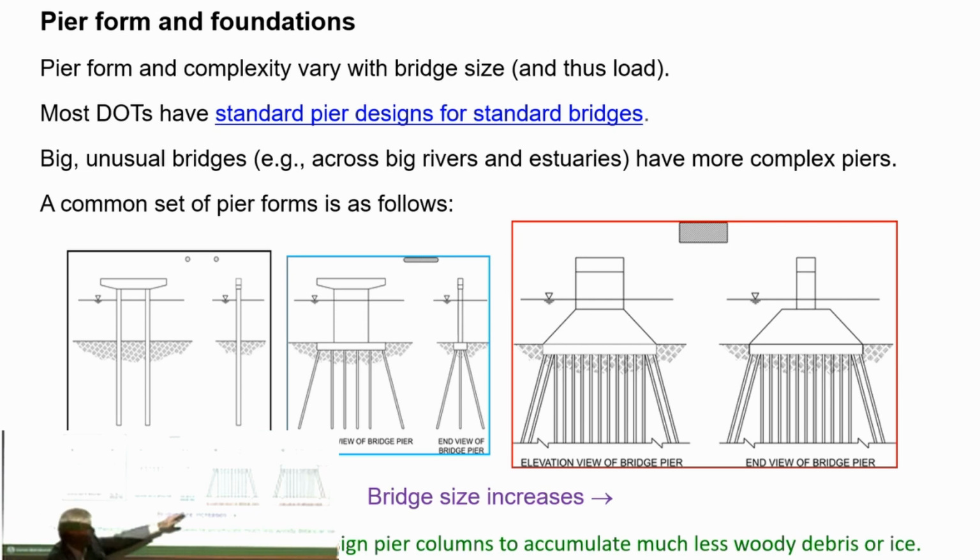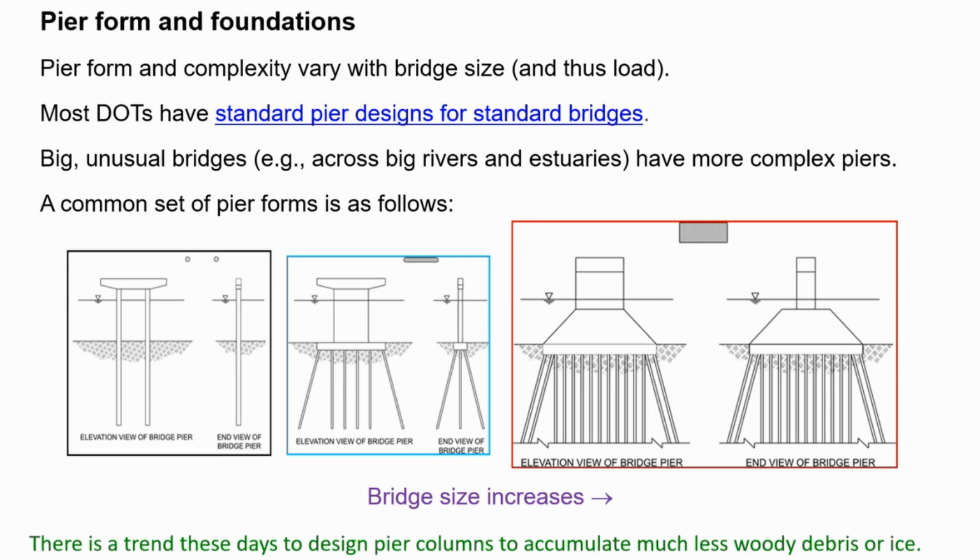If you're dealing with a complicated pier, such as for a big bridge across the Mississippi or across a large estuary, typically this is a one-off deal. You have some complicated form like this, which I would advise you'd have to do a physical hydraulic model to determine scour. But basically, as bridge sizes increase, the piers get more complicated in their form.